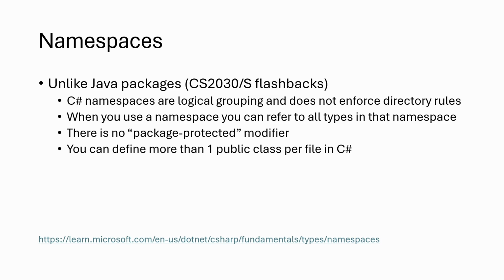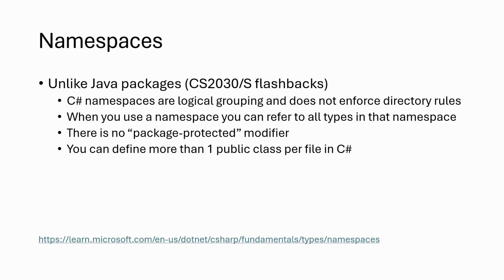Thirdly, there is actually no such thing as a package protected modifier like in Java. Java's default modifier is package protected, but there's no such thing in C#. But I do like C#'s access modifiers a little bit more. You can define more than one public class in a single file in C#.